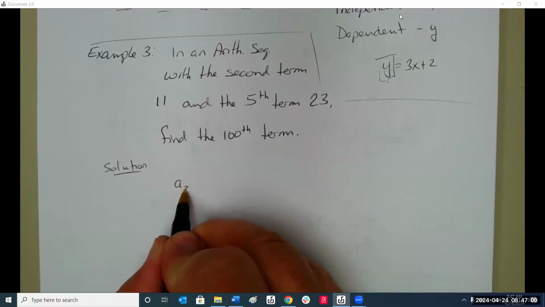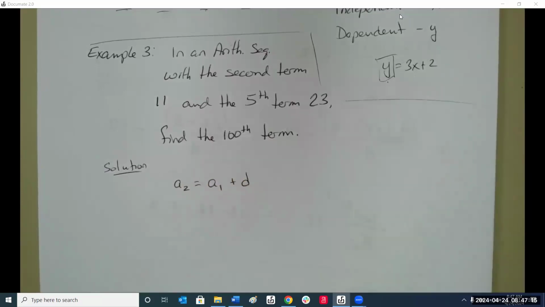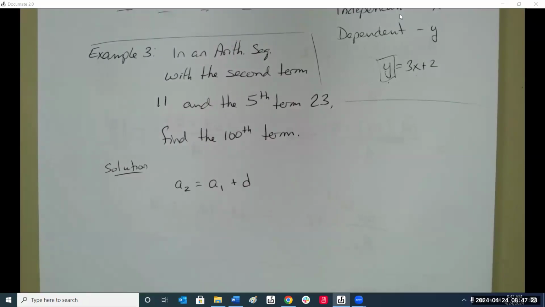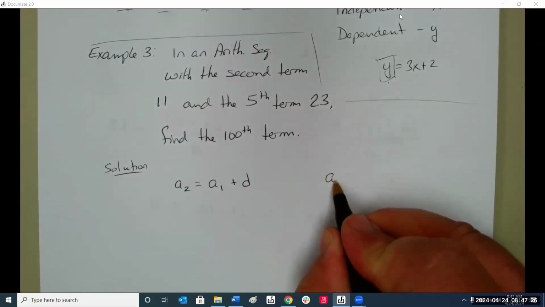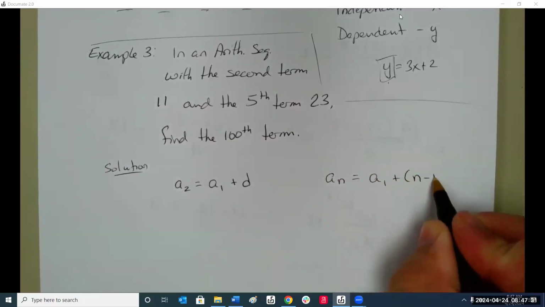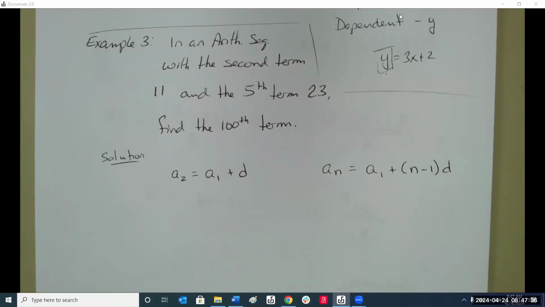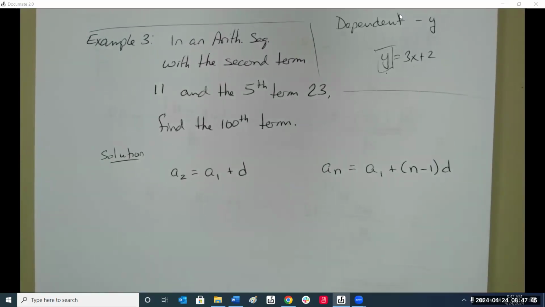We know that a sub 2 is equal to whatever a sub 1 is plus its d. We also know the general formula is a sub 1 plus n minus 1 times d. That's all we know so far. So now let's plug in what we know.